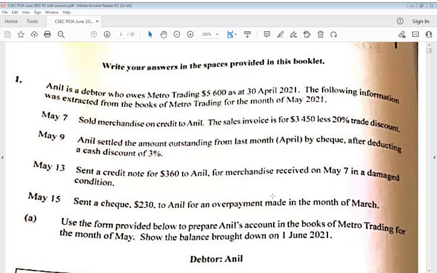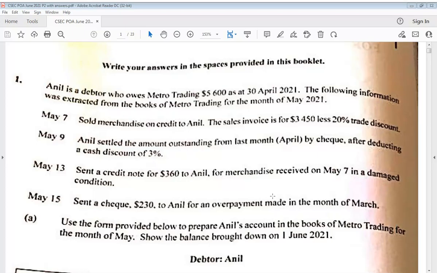Now what we simply do, we find 3% of what he owed from the last month, which was 5,600. So we find 3% of that, and we get $168.